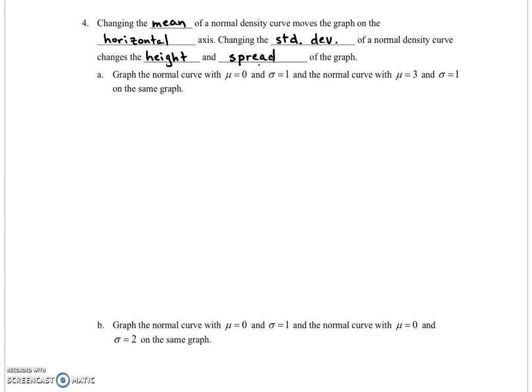So now let's see if I can manage to actually graph these. I usually have the worst time. Well, drawing a straight line to start with would be helpful. Here is our horizontal axis. And we usually don't bother too much with the vertical axis on these. So if we graph a normal curve with a mean of 0 and a standard deviation of 1, it'll look something like this.